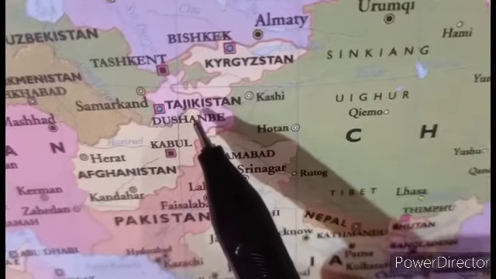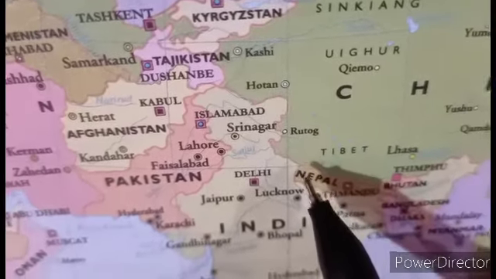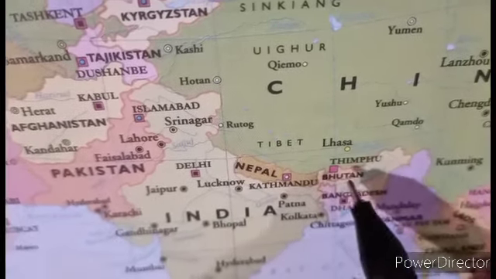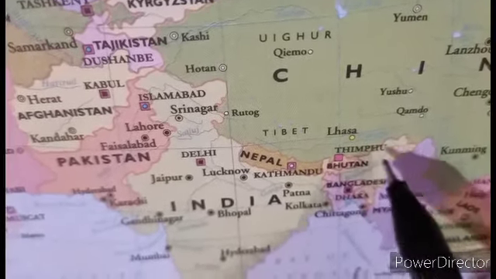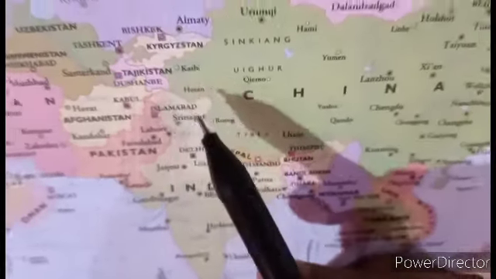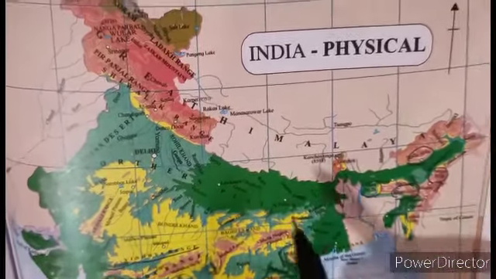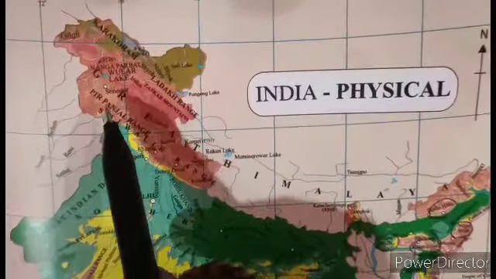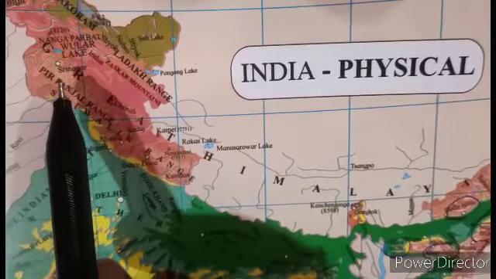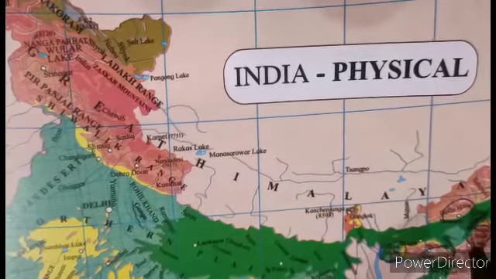So from Tajikistan to Afghanistan to Pakistan and to India, these mountain ranges are lying. Now come back to physical map of India. Now in India, Himalayas are lying in the northern region as well as in the northeast.